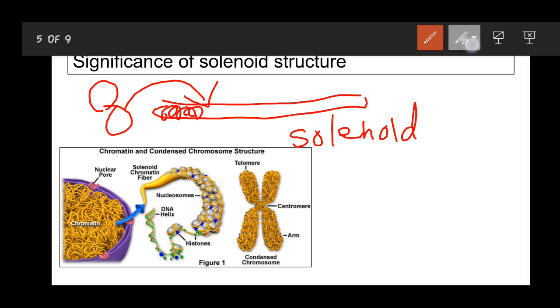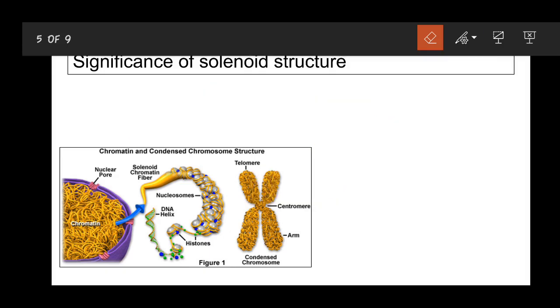So I take this particular solenoidal structure itself. If this is a DNA in a compacted solenoidal structure, and here I have the gene, take for example, this is the region where the DNA for insulin is compacted into the histone.